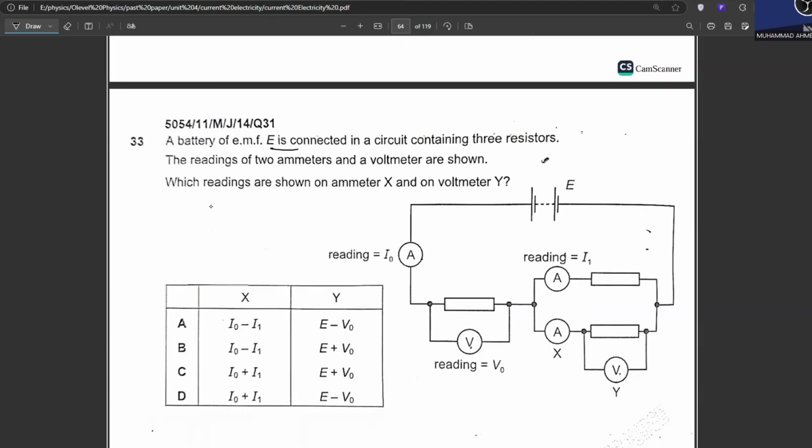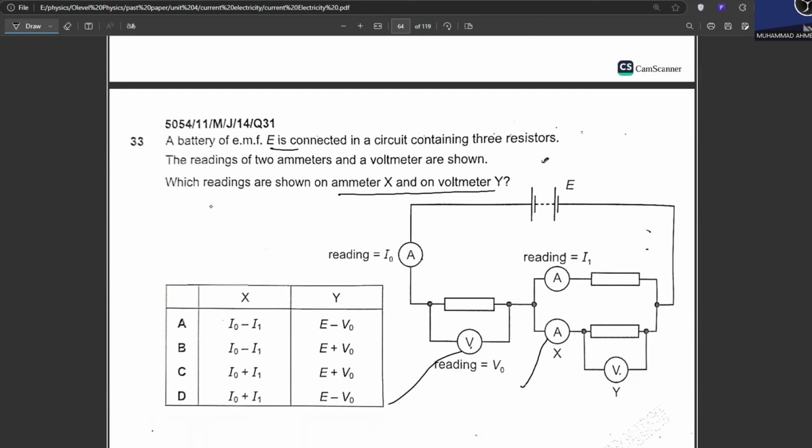Which readings are shown on ammeter X and voltmeter Y? Ammeter X is this one, and voltmeter Y is this one. We have to calculate that. Very easy.